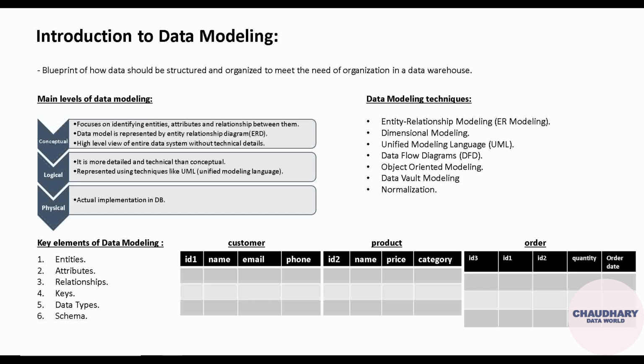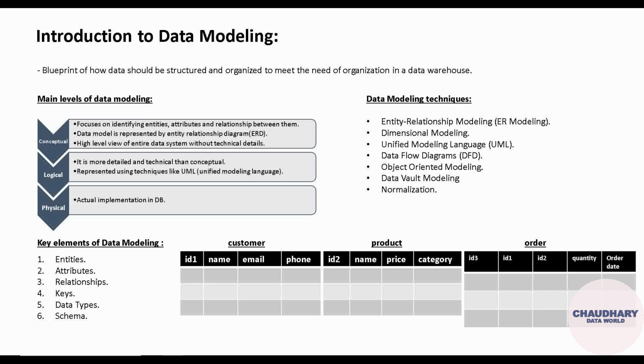Starting with entities and attributes, I already covered that customer, product, and order are 3 tables in your business, so they will be your entities. For customer, ID1, name, email, and phone will be the attributes. Similarly, for product, ID2, name, price, and category will be the attributes of the product entity.